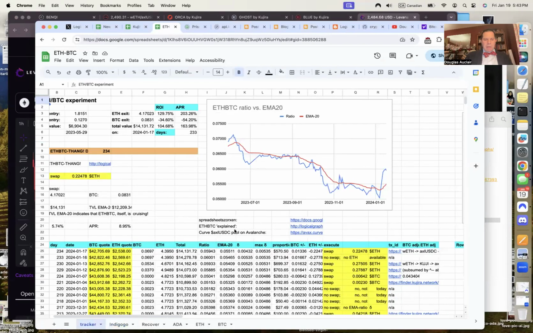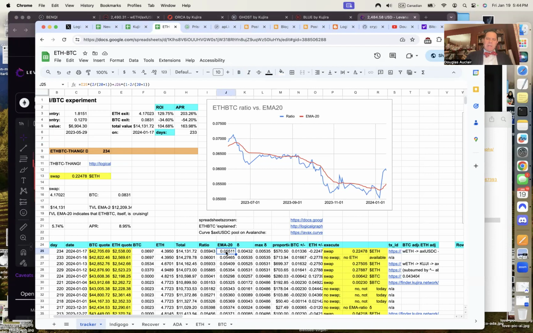The relationship between the Bitcoin and Ethereum quotes, and then I compute the EMA 20 of Ethereum to Bitcoin. And that comes up with a ratio. That ratio in this particular case here is 0.05. And then I track the ratio. Then on top of that, I have the exponential moving average.